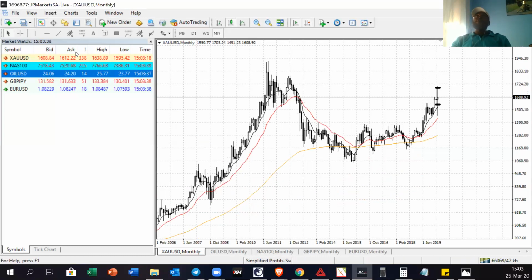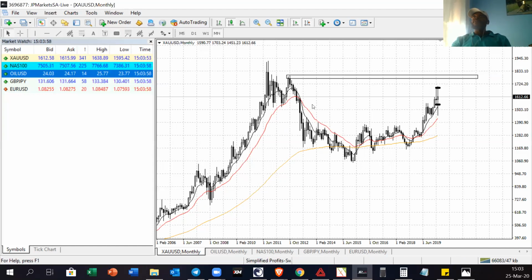And I also want to identify, if this thing were to continue going up, where would it continue going? I would look at my next level of resistance, which would be up here.